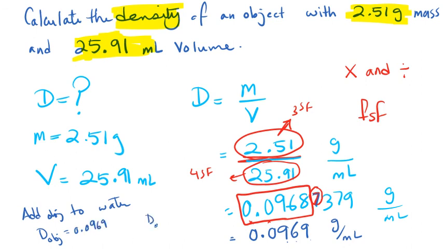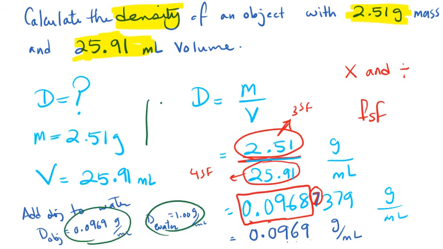The density of water is 1.00 gram per ml. I'm sure you are going to say that if we add this object to water, since the density of the object is smaller than the density of water, it is going to remain on the top and it's going to float.